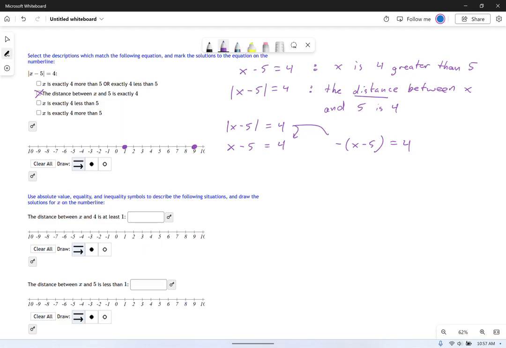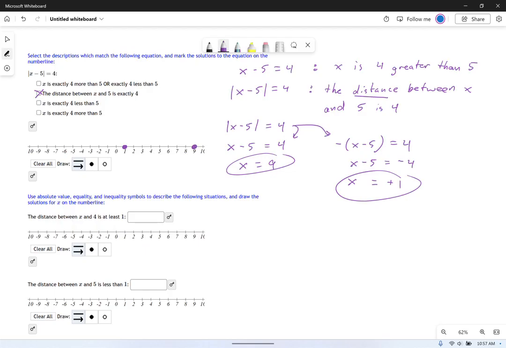Could be this one, could be that one, we don't know. So we have to solve both. We solve this one, we add 5 to each side, we get x equals 9, that's one of those dots. We solve this one, takes another step, but I move that negative sign over through division or multiplication, and then I add 5. So I get this. So those are my two solutions which we drew.